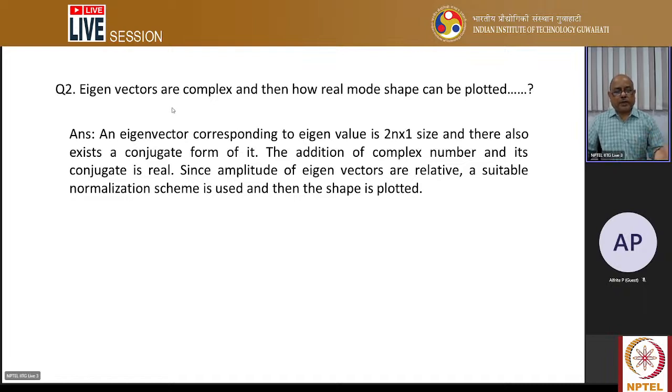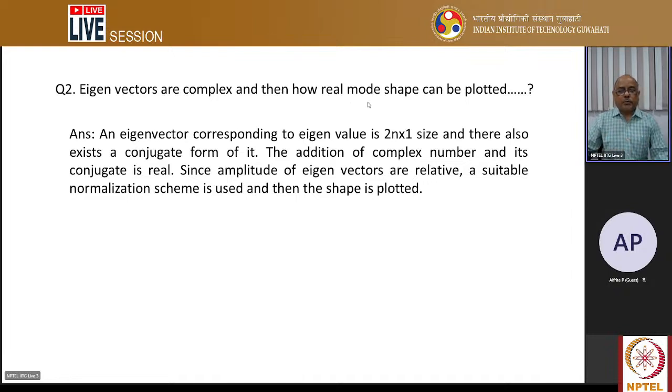Some eigenvalues may be real, because in that case the imaginary part is 0. That indicates the rigid body mode. If some system has a combination of rigid body and flexible modes, then some eigenvalues may be only real. That indicates the imaginary part is 0, that means frequency is 0, that is, having the rigid body modes.